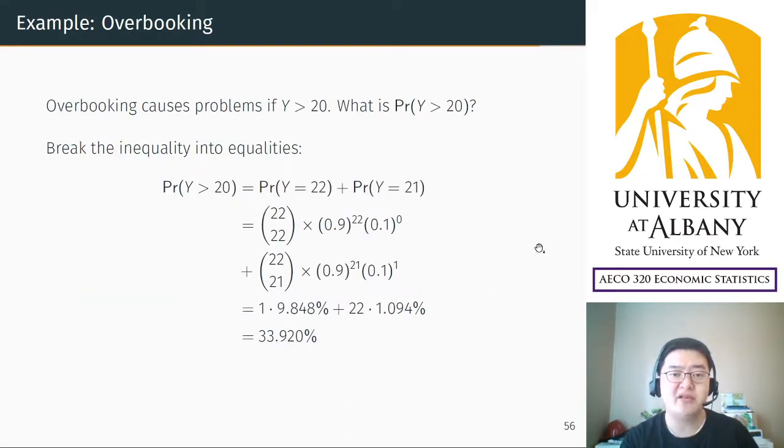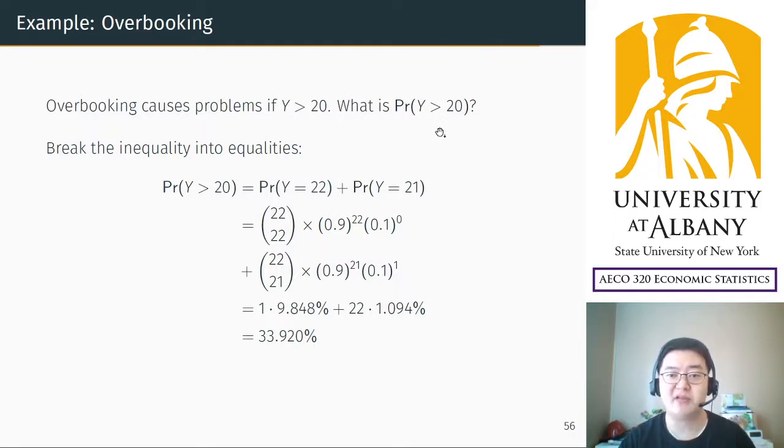What we are interested in is often this probability. The overbooking causes problems if more than 20 passengers want to take the flight. There are 20 seats, but if 21 passengers came to the airport, you are in trouble. You have to do something.